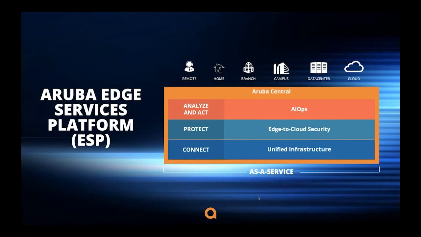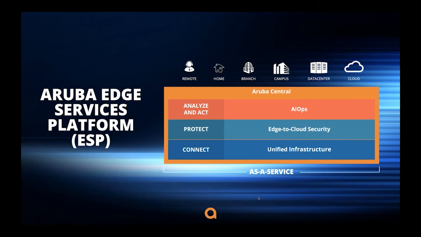So if you're not already familiar with Aruba, Aruba has what they call their ESP platform, the Edge Services Platform. And what this is, it's a suite of products tied together under one umbrella for visibility and orchestration. So there's 3 tiers to it. The first is the Connect tier, starting at the bottom, which is a unified infrastructure.